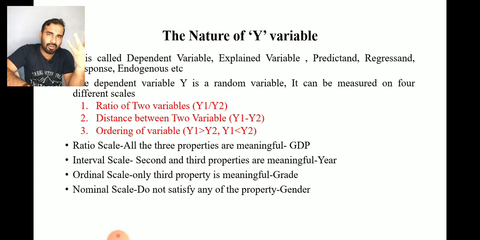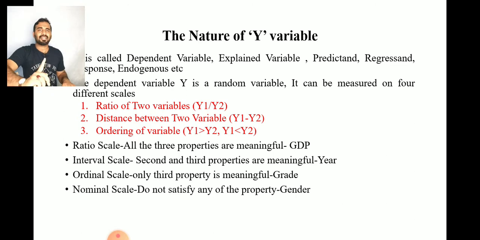Such a variable is known as an ordinal scale variable. And there are some variables that are not purely quantitative but are quantitative. Such a variable is known as an interval scale variable. Clear? Yes.